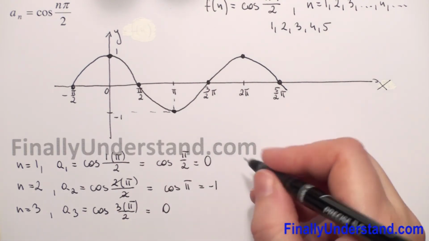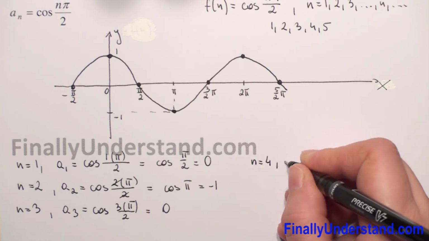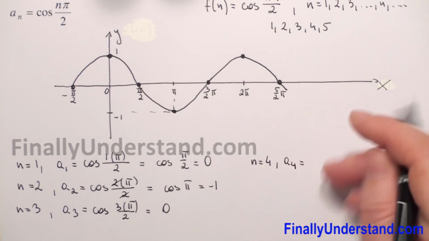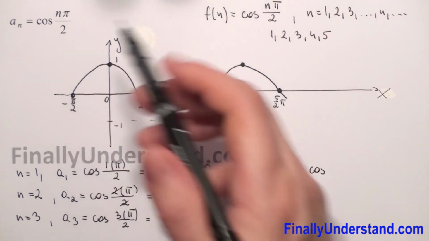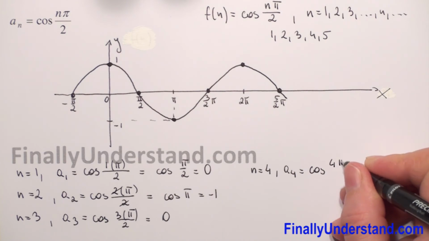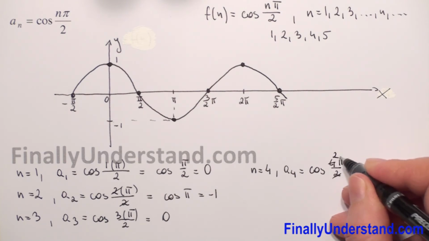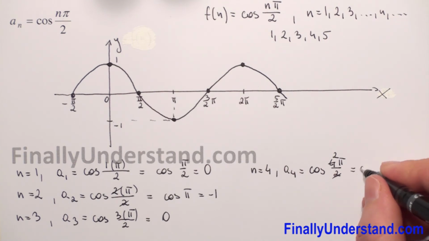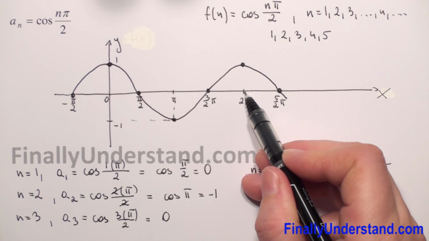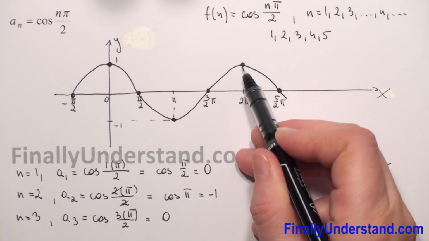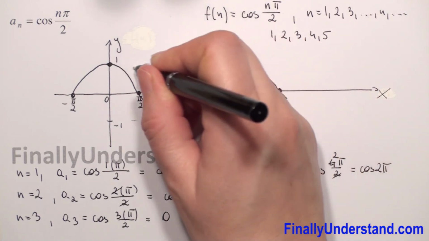And for n equals 4, we will have a4 is equal to cosine of 4 times pi over 2. We can reduce 4 with 2 because we have multiplication here, so we have cosine of 2 pi. For 2 pi, the value of our cosine is 1.